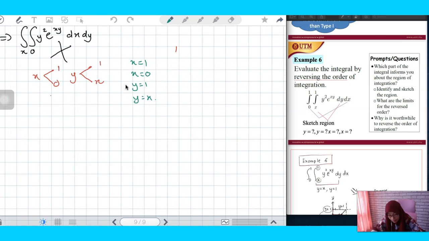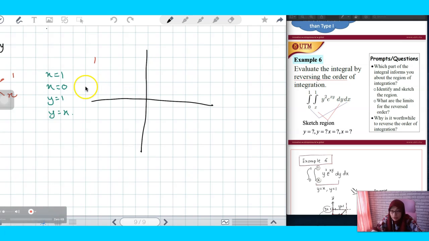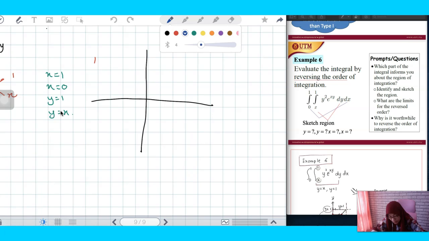Now from this, you can sketch the graph. Among these 4, the equation that we have is y equal to x. So I will start with the linear equation y equal to x, which is y equal to x on the x-y plane.